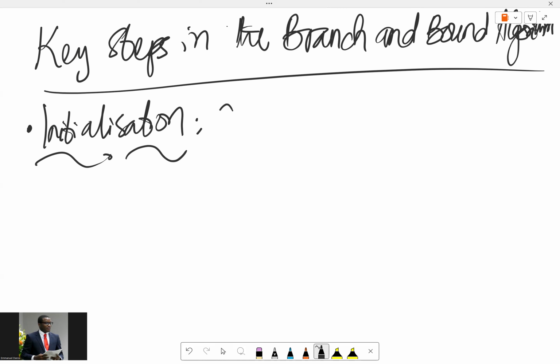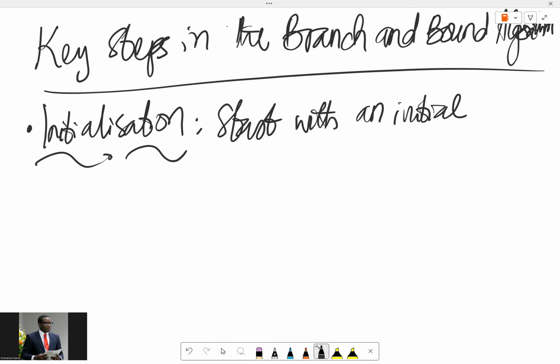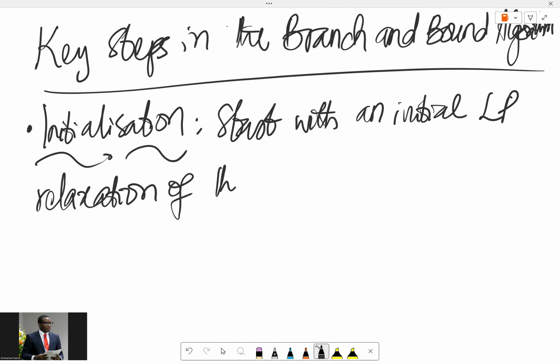Here, you start with an initial linear programming relaxation of the ILP. So you have an integer linear programming problem, but then you relax it to a normal linear programming problem for easier solution, right?